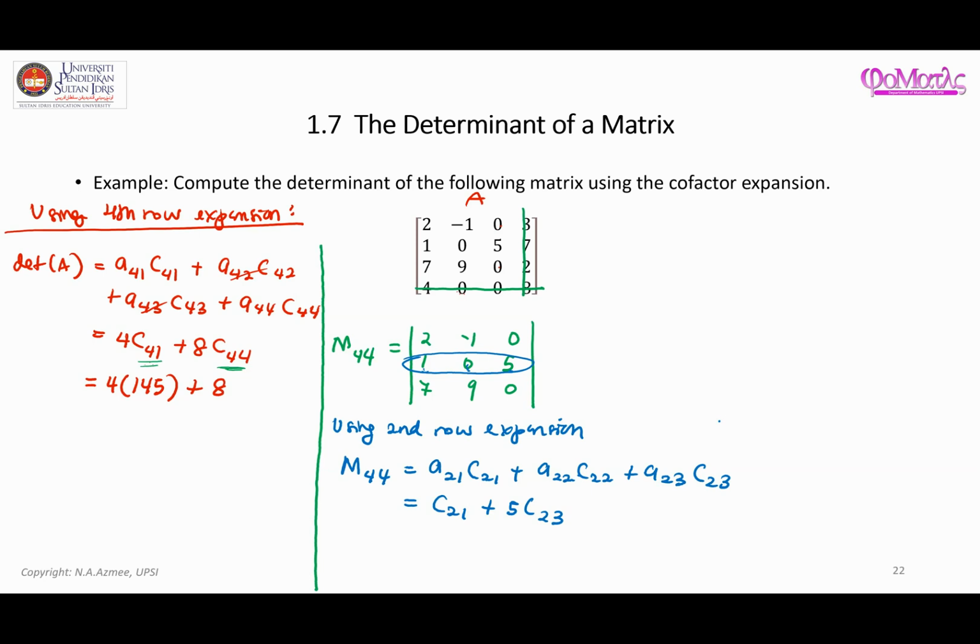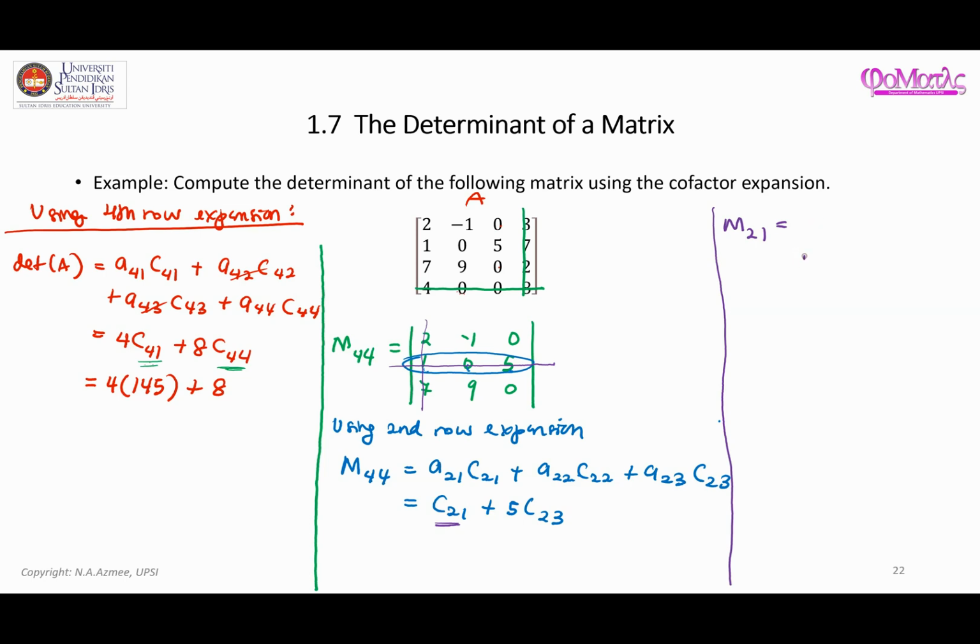Well, now we need to find what is C21. So here we got another level. Okay, we're going down the next level. To find C21, we need to find the result of M21. So M21 here can be obtained if you consider deleting the second row and the first column.